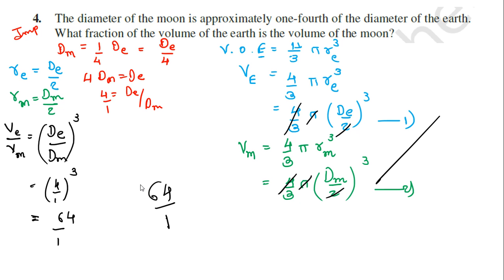Then 64 times the material you can fill in the earth in comparison to the moon. If you are able to fill 1 liter of water in the moon, then 64 liters of water you can fill in the earth. That is the interpretation.